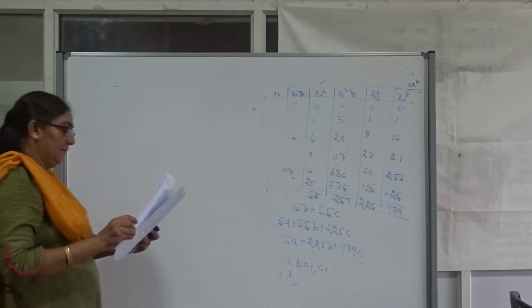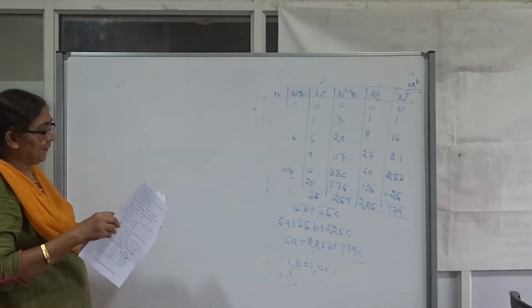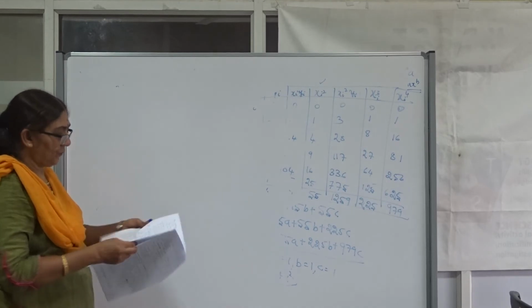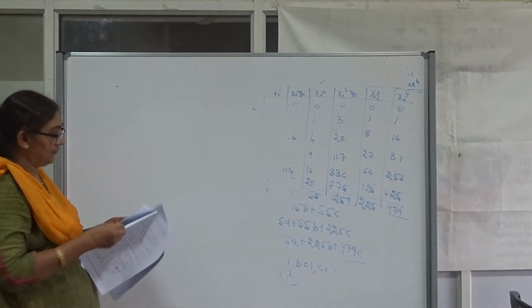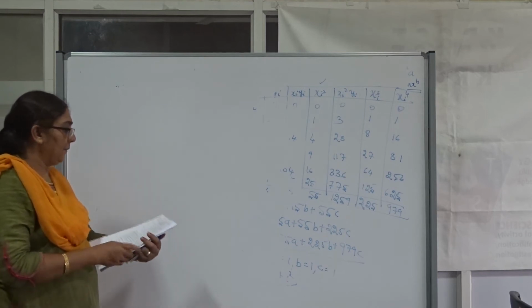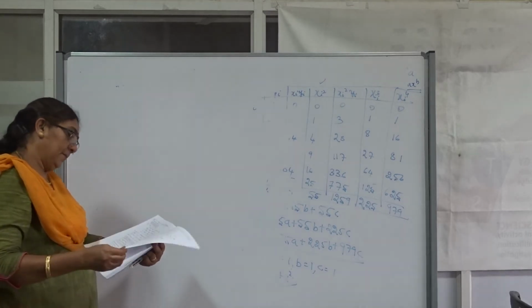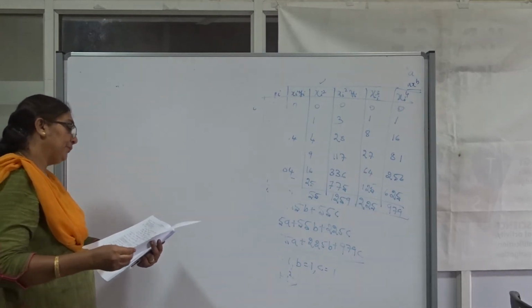So now I'm going to take one of the curves, say y equals e to the power of bx. This is one simple problem I'm going to consider here. y equals a into e to the power of bx.